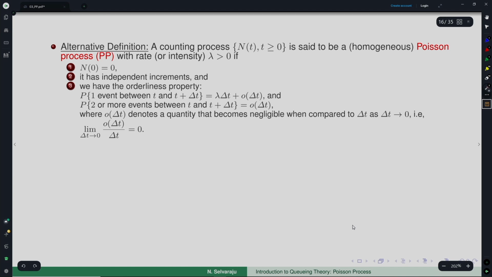Okay. Now, as an alternative definition, of course, there are different definitions that one can give. We have exactly the same counting process, a homogeneous Poisson process with rate lambda. If N of 0 equals 0, it has independent increments.